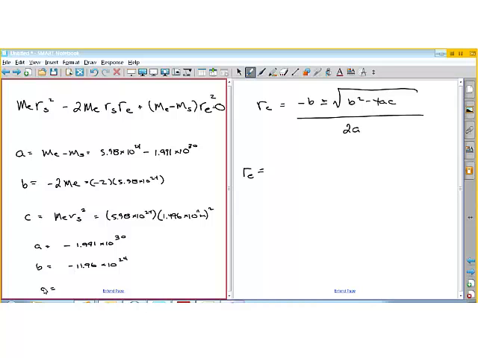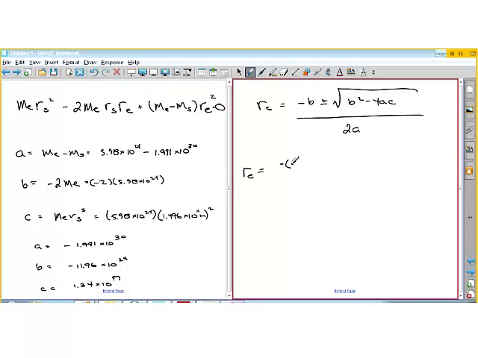times 1.496 e to the 11th quantity squared. So that's 1.34 times 10 to the 47th power.